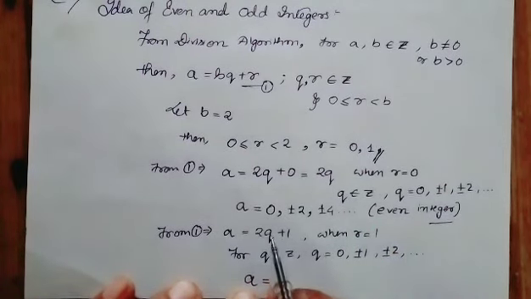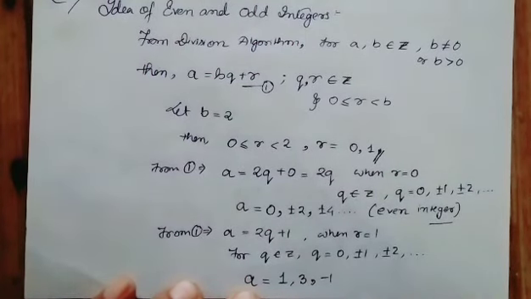If you substitute plus 1 in this expression, you will get 2 into 1 plus 1. 2 into 1 is 2, plus 1 is 3. You will get 3. If you substitute minus 1, 2 into minus 1 is minus 2, and minus 2 plus 1 is minus 1.